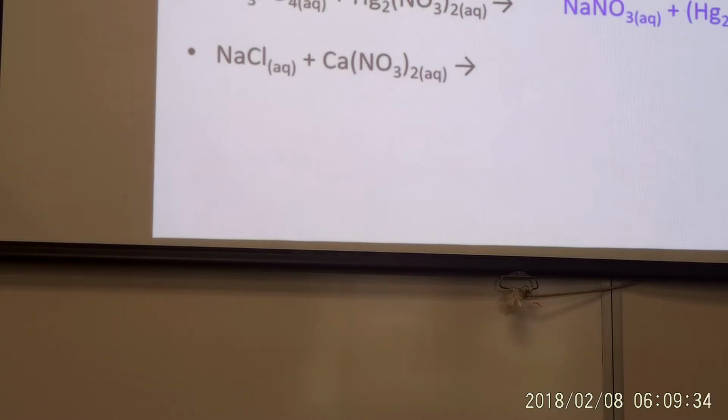We have to do the subscripts because we have to balance the charges here, but we don't have to do that here. That's right. Sodium and nitrate are both singly charged, monovalent. But this one, doesn't this sodium have 3? There's 3 of them? Yeah.